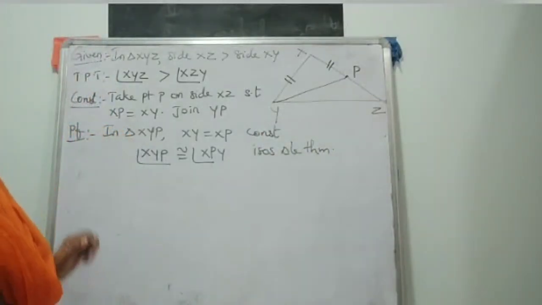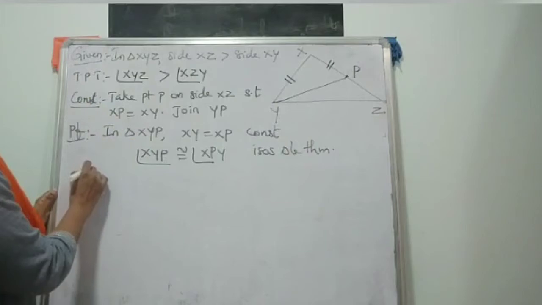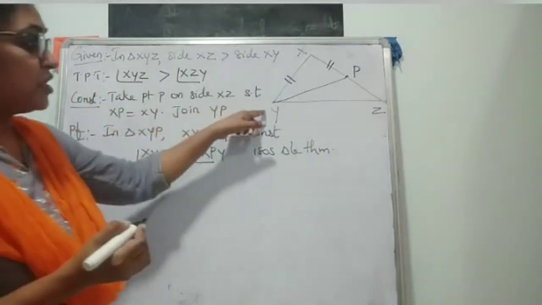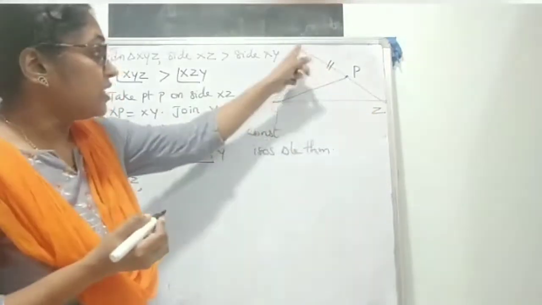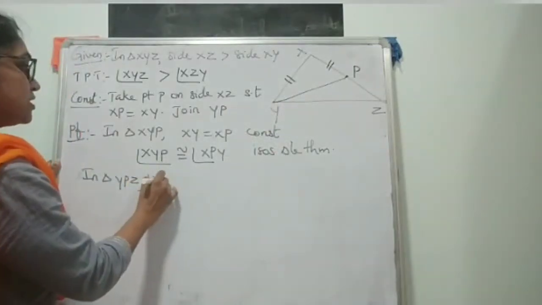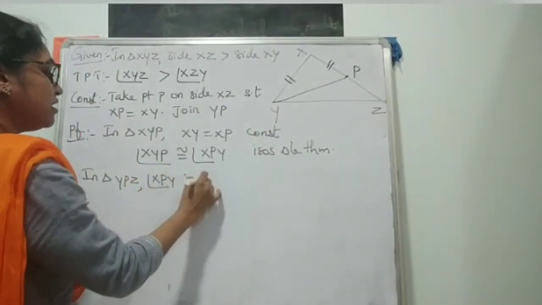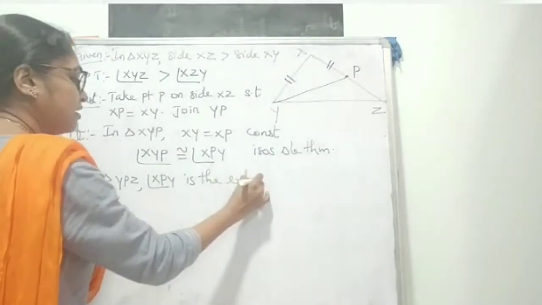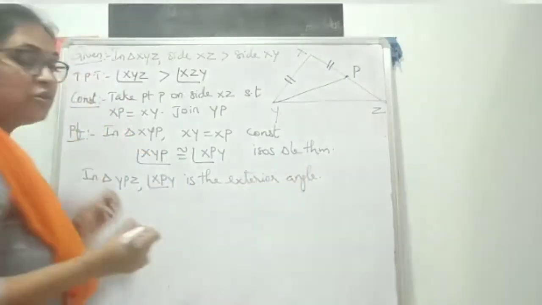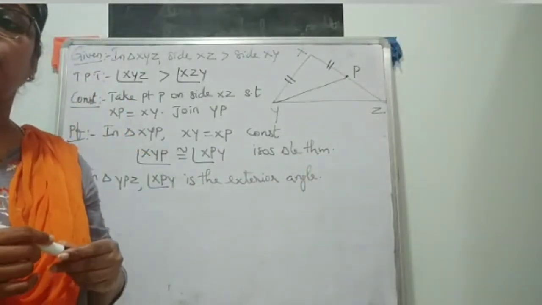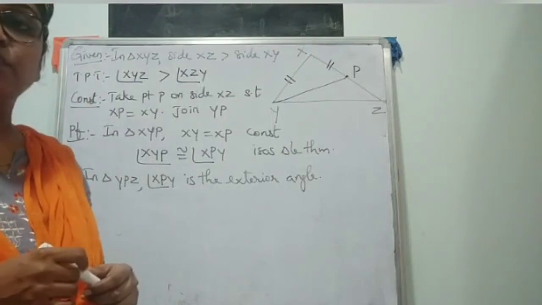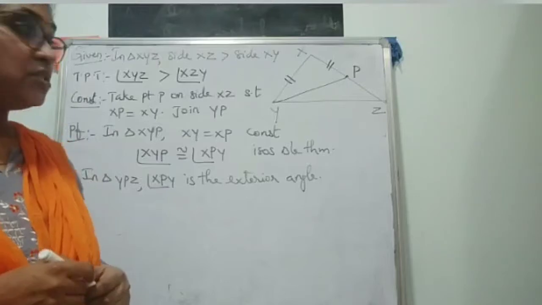Now once again, if you observe the other triangle, triangle YPZ, you can see that angle XPY is the exterior angle. Since it is the exterior angle, you can use your exterior angle property. According to that, the measure of an exterior angle will always be greater than its remote interior angle.